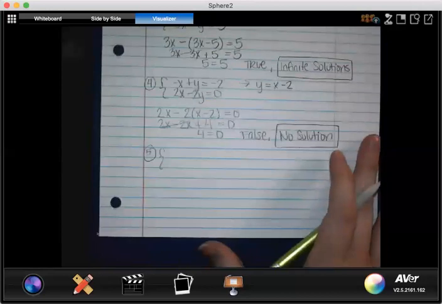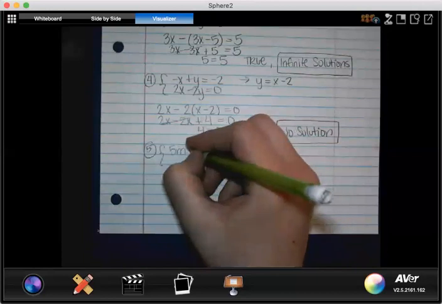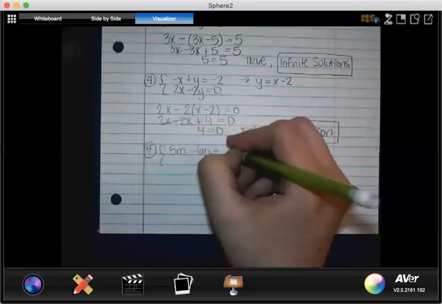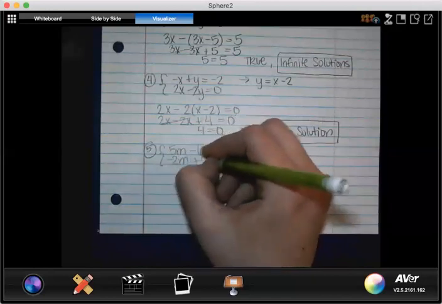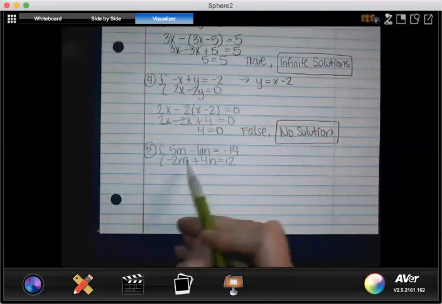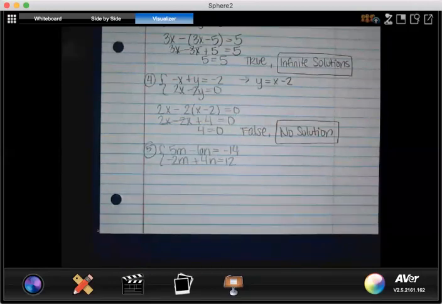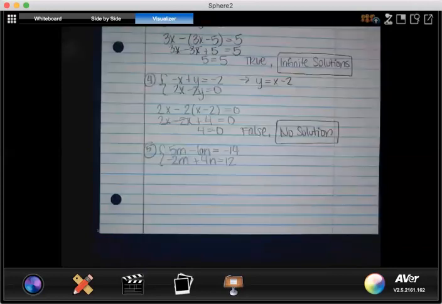Okay, hopefully you're getting the hang of this and it's becoming a little bit easier. And now we're going to make it a little bit more complicated on you and throw some more numbers in there. So we have 5m minus 6n equals -14, and -2m plus 4n equals 12. Now, as you can tell, all of these have a coefficient, which means you do have to end up picking one to solve and manipulate your variables.